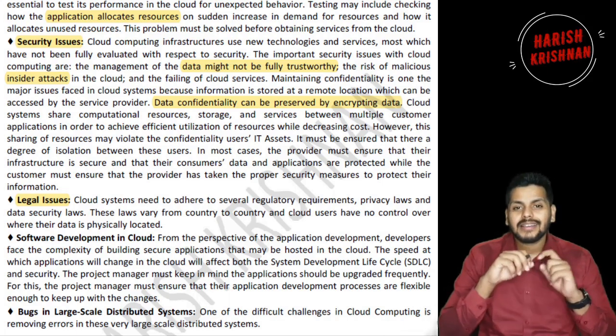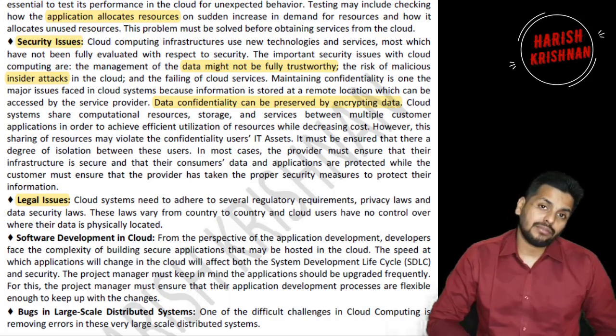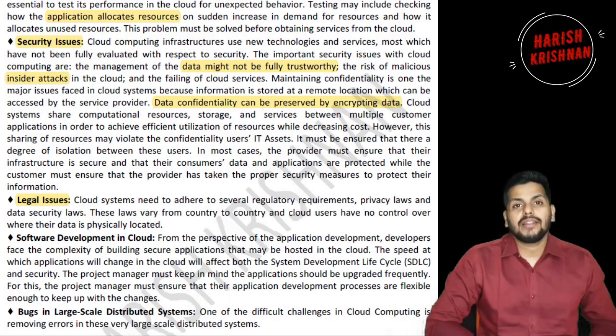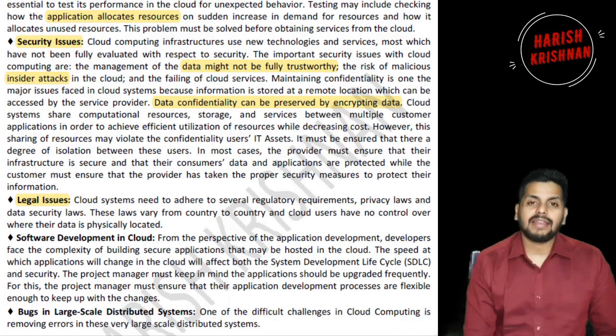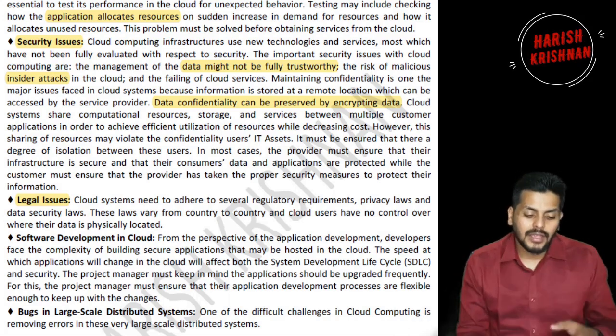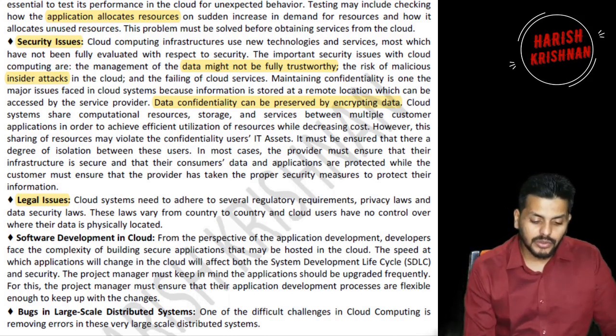I don't know if you have studied the concept of SDLC or System Development Life Cycle in the third chapter. While discussing managerial controls, we explained to you what the System Development Life Cycle is. So it's a process. Now, can we develop software on the cloud? Yes, but what is an issue there?